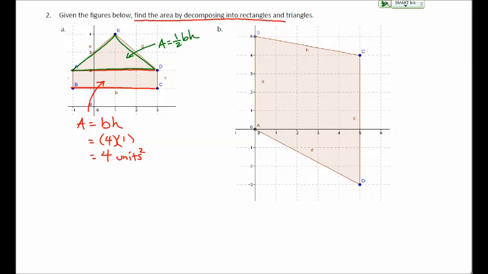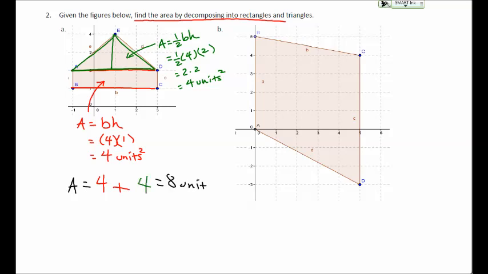The base and the height must be perpendicular. This base is also 4 units long, and the height is 2 units tall. So 1/2 of 4 is 2, times 2, which is 4. So the total area is what I get by adding the 4 from the rectangle plus the 4 from the triangle, and I get 8 square units.